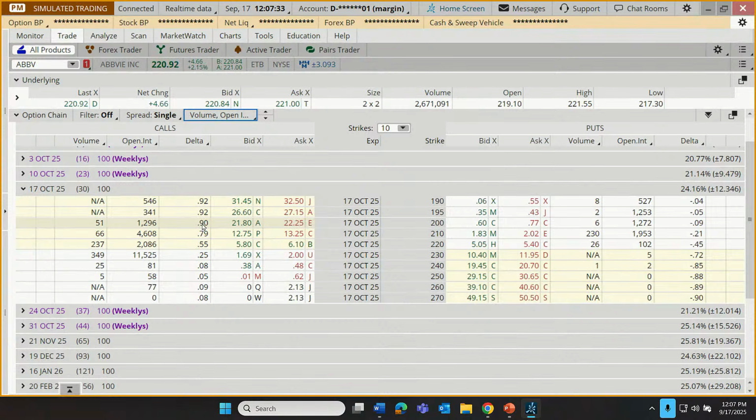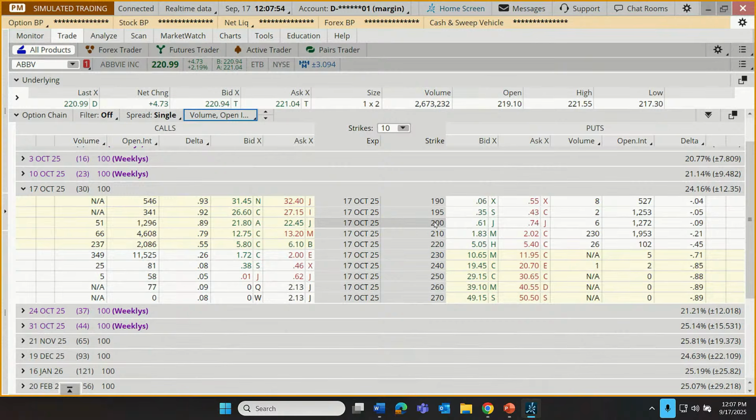But delta also has potentially important implications regarding probability. Another common interpretation of delta is the probability that a contract will expire at least a penny in the money. In other words, that the stock will be at least a penny above the strike price.